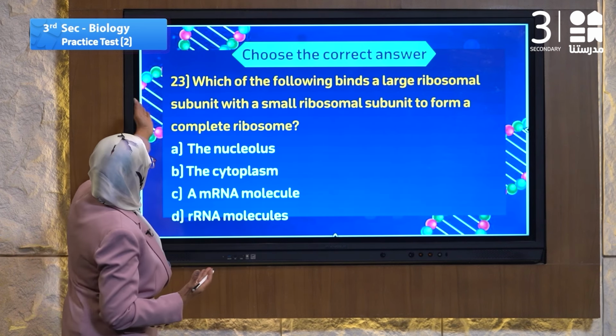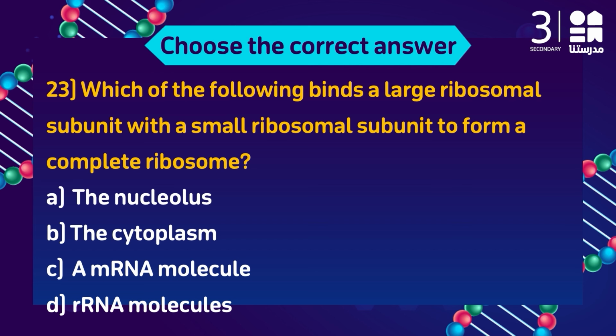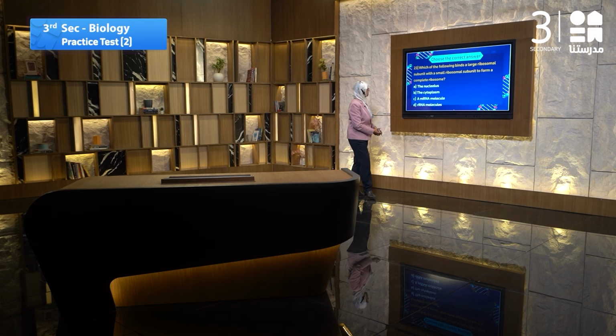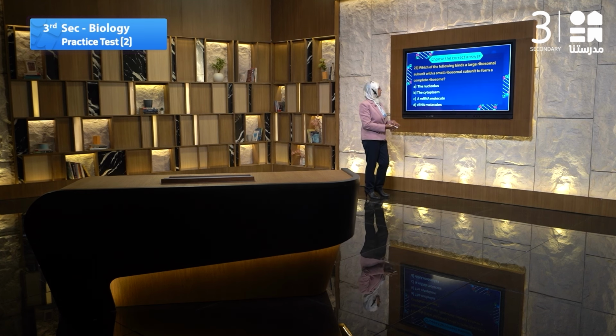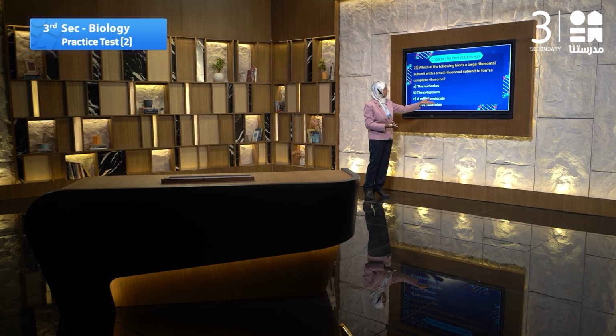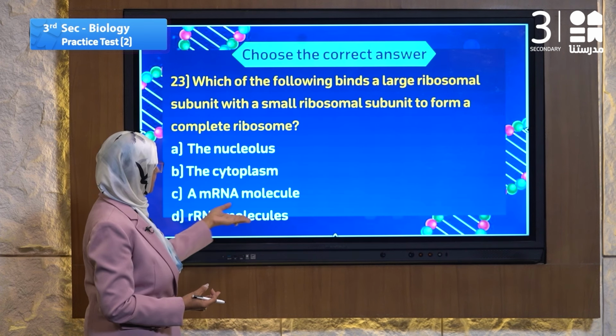Which of the following binds a large ribosomal subunit with a small ribosomal subunit, large and smaller, to form a complete ribosome? Let's read the choices. Number A, the nucleus; the cytoplasm; a messenger RNA molecule; a ribosomal RNA molecule.